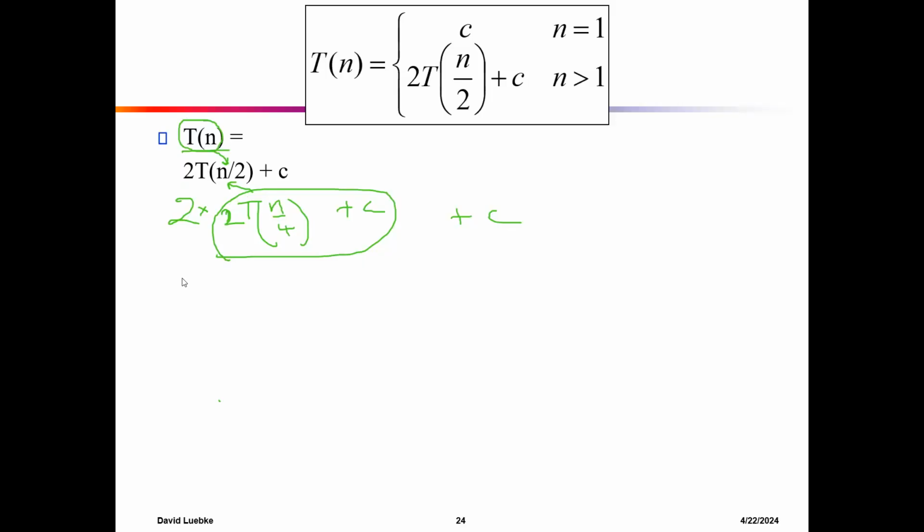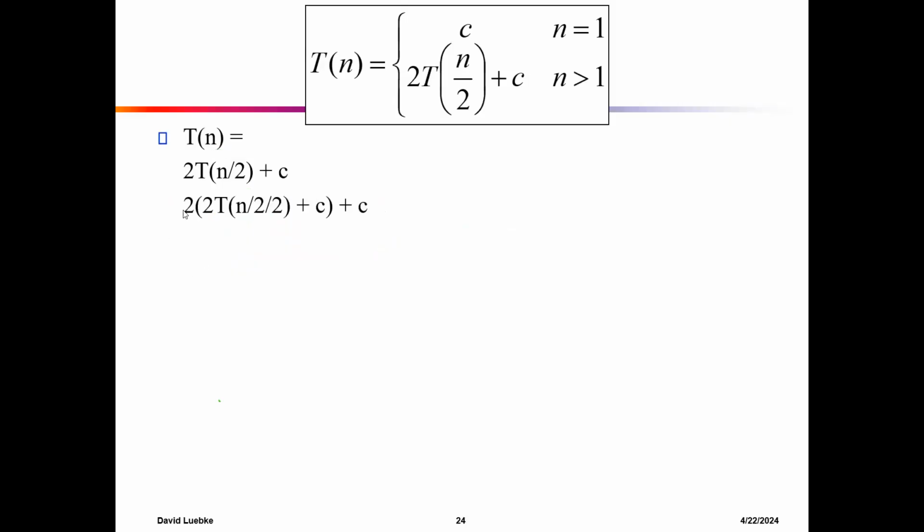All right. So before I go further, let's make sure that this is correct. You take this now. This here is twice by half plus c.